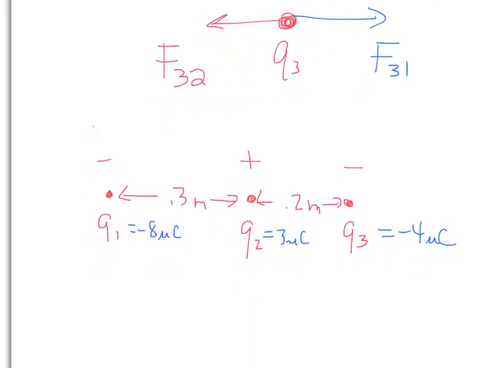If I want to figure out what F32 is, for example, I don't need the negative signs anymore. When I multiply things now, I'm going to use Kc Q1 Q2 over R squared. Why don't I need to use the negative signs on the charges? Why don't I need it to be, for example, -8 microcoulombs? Why am I going to write just 8 microcoulombs?